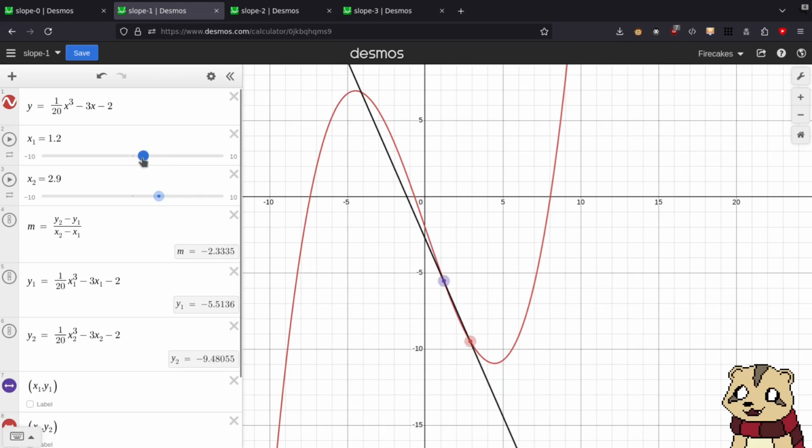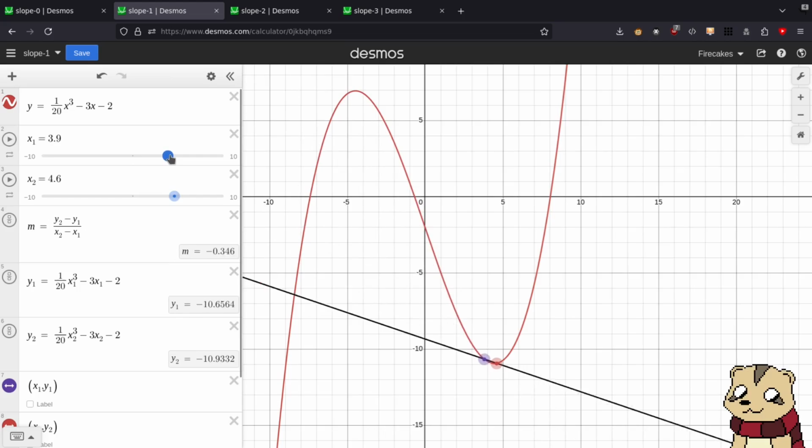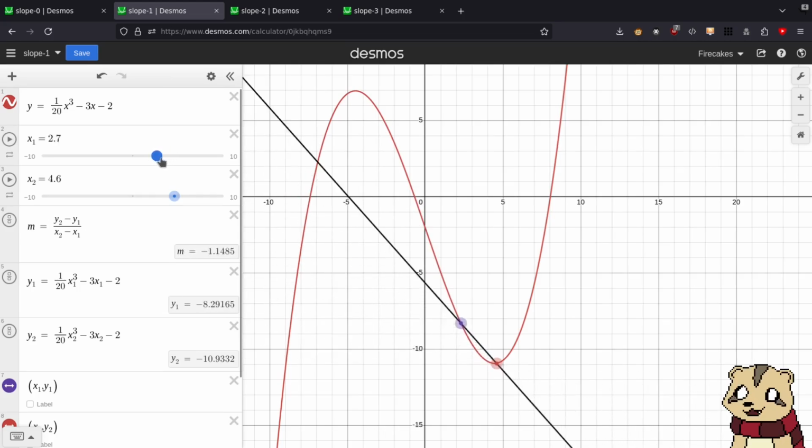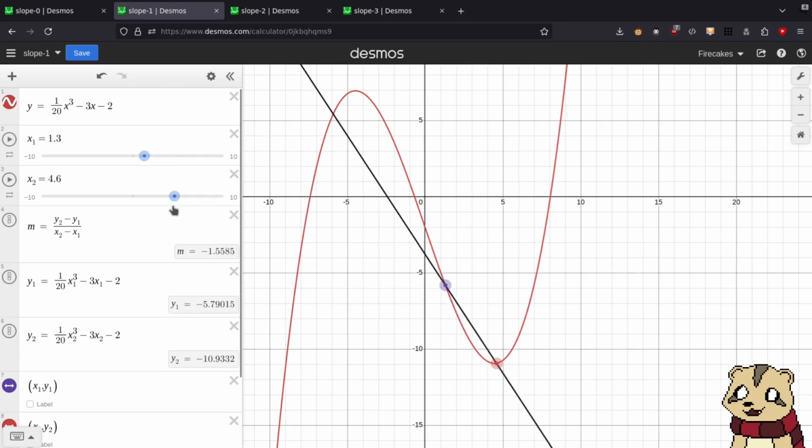If we want to find the slope at a particular point on this line, it helps if the points that we pick are closer together. If you notice, the closer I bring these points together, the more accurately the slope line connects with the graph. So that's the key takeaway here.